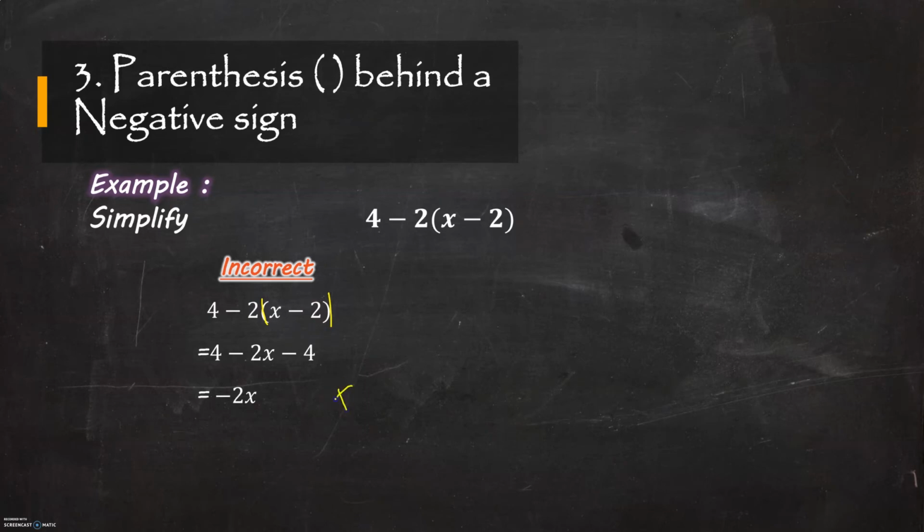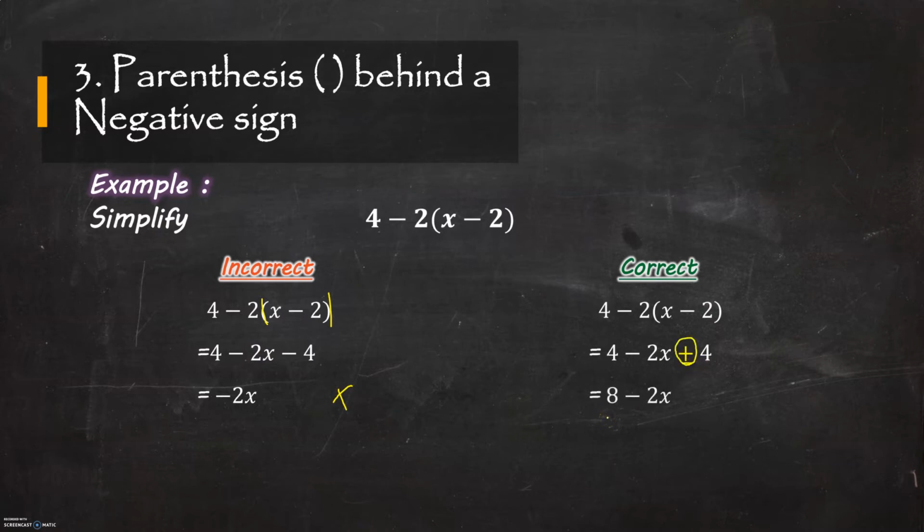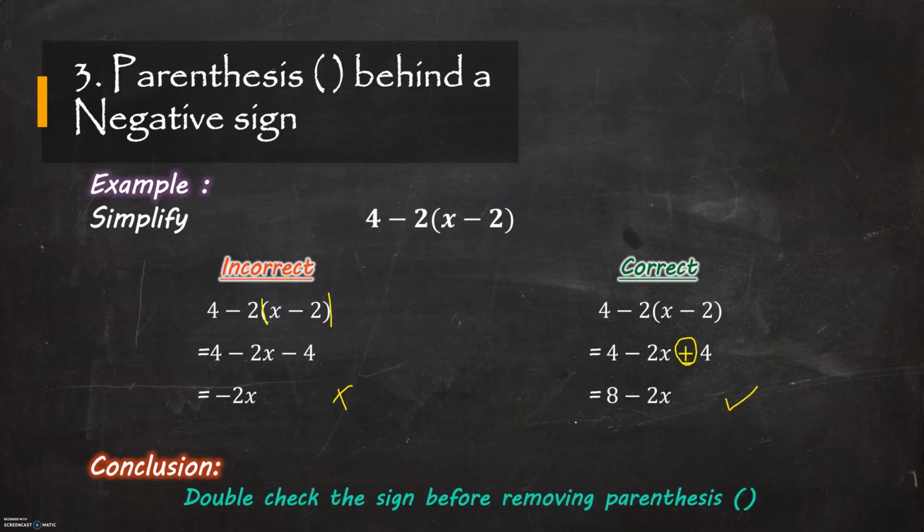And this is not correct. I believe many of you already noticed that there's 2 negative signs here. So instead of a negative sign, we will have a positive sign here. It's a silly error, but still many people make it when they are learning algebra.